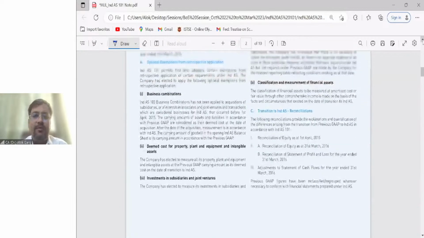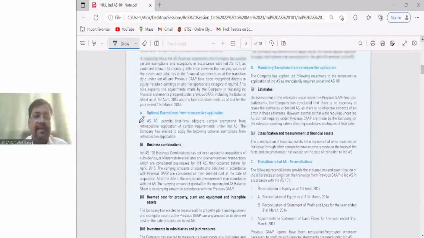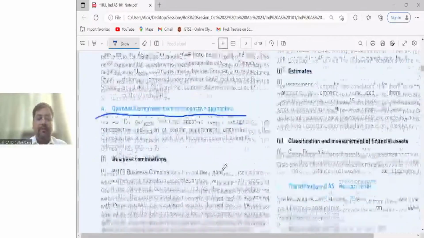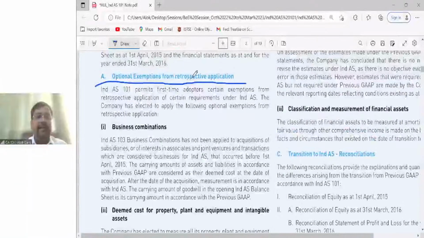First time adoption notes, optional exemption from retrospective application. Please read this note from the Hindustan Unilever annual report. Ind AS 101 permits a first time adopter certain exemptions from retrospective application of certain requirements under Ind AS.